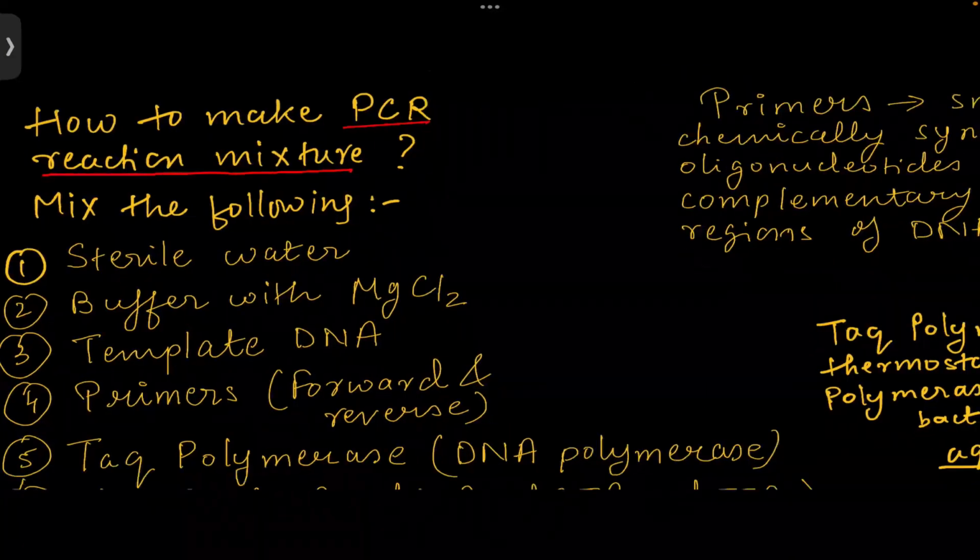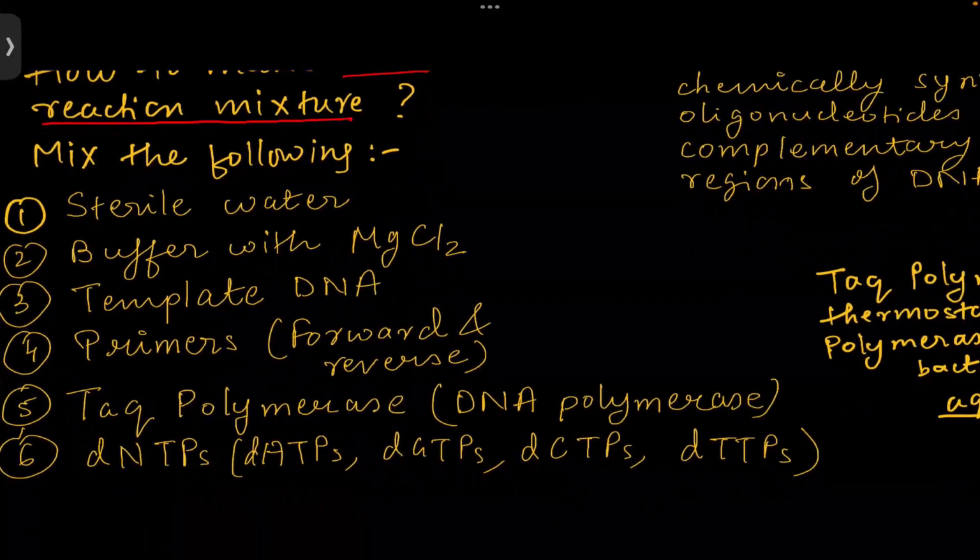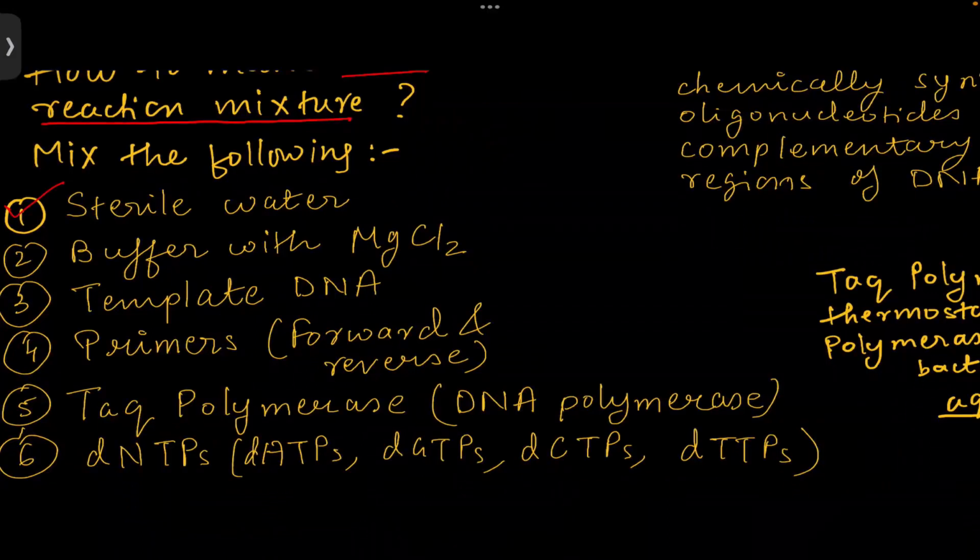So what are the things you need to mix? You need to mix, obviously, sterile water. You need to use a small volume of sterile water because this reaction will take place in an aqueous environment. Next you will add a buffer containing salt, magnesium chloride, because this magnesium ion is important for the activity of your DNA polymerase. Then you need to add your template DNA, meaning the DNA molecule which you need amplified, like your gene of interest or vector DNA or recombinant DNA.